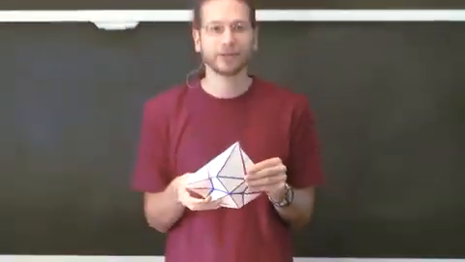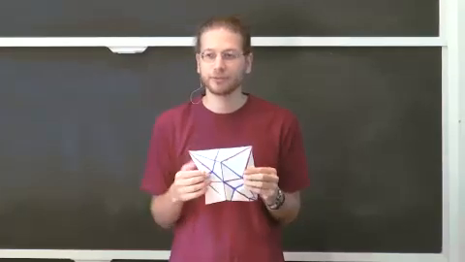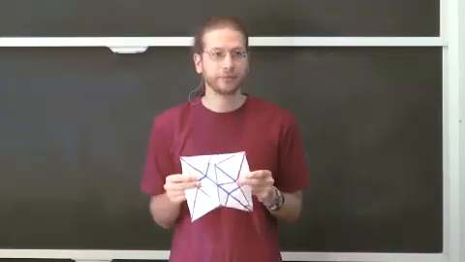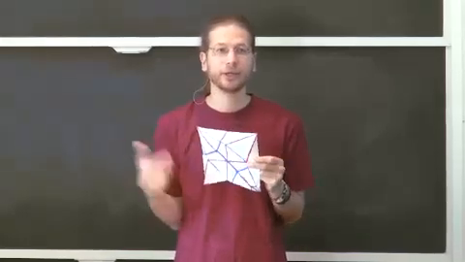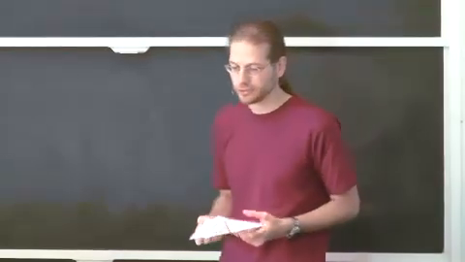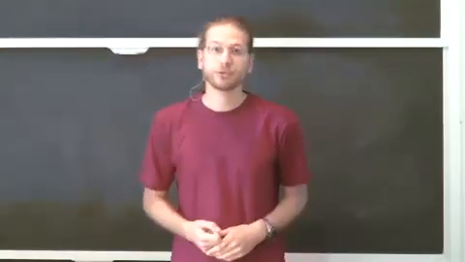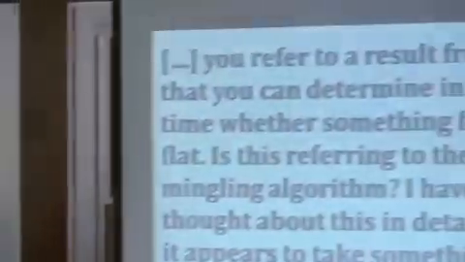And without a mountain-valley assignment, Kawasaki was all you needed. The alternating sum of angles should be 0. And given a mountain-valley pattern, locally, we characterize things as a sequence, anything you can do by a sequence of crimps. So it's sort of a similar version to lecture 2, which was about 1D flat foldability. There we needed crimps and end folds. Here we needed just crimps, which is easier.